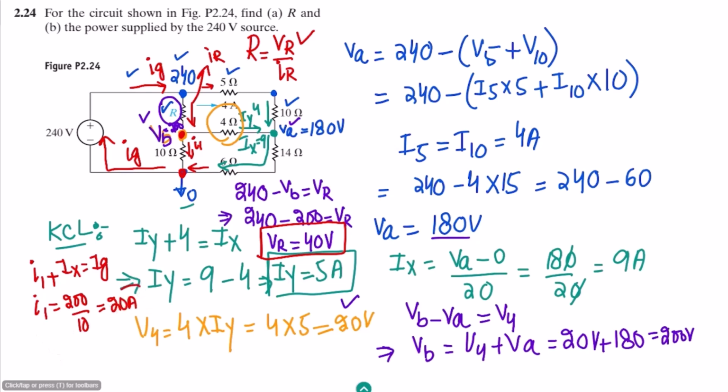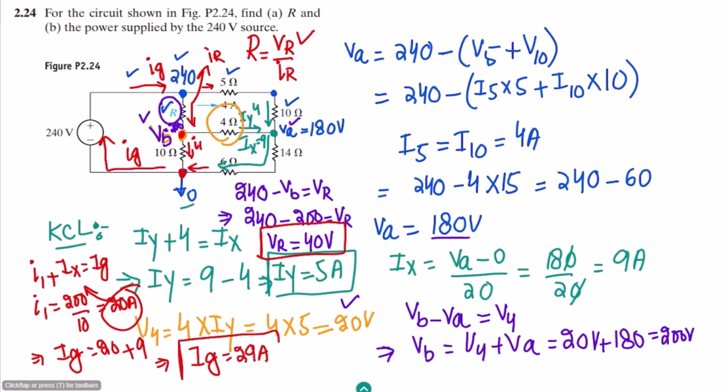Taking it and putting it here, the value of Ig would be equal to, the value of I1 is 20, and the value of Ix is 9. So we can clearly find out the value of Ig, which is 29 amps.